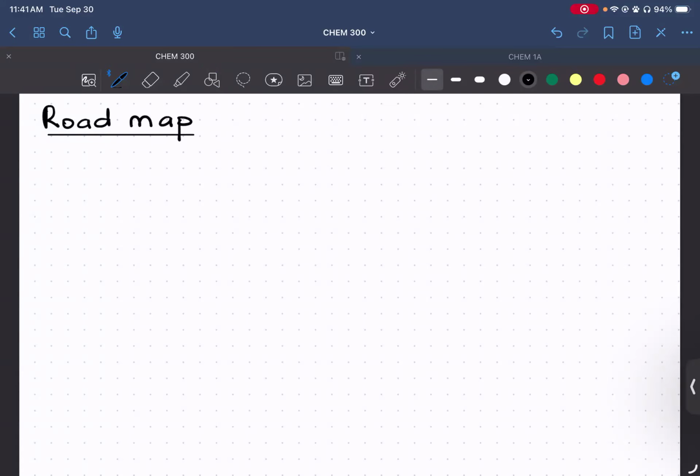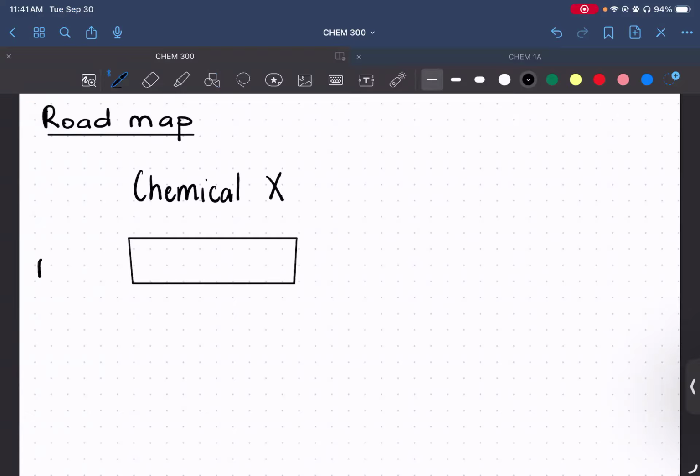You see, we know that for a generic chemical X, we can relate the mass of that chemical to the number of moles of that chemical.